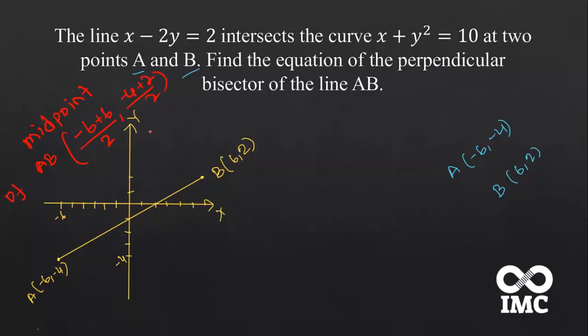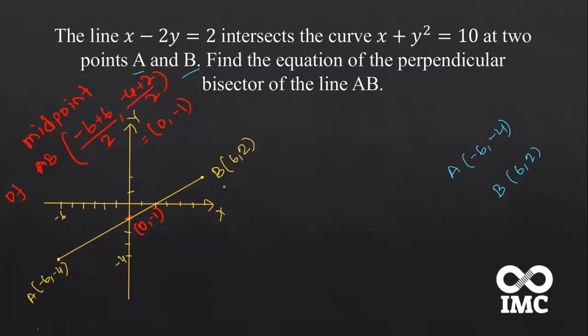Minus 6 plus 6 by 2 will be 0, and minus 4 plus 2 by 2 is minus 2 divided by 2, which is minus 1. So the midpoint is 0, minus 1.